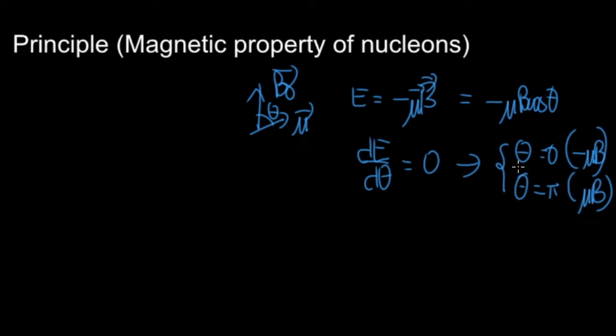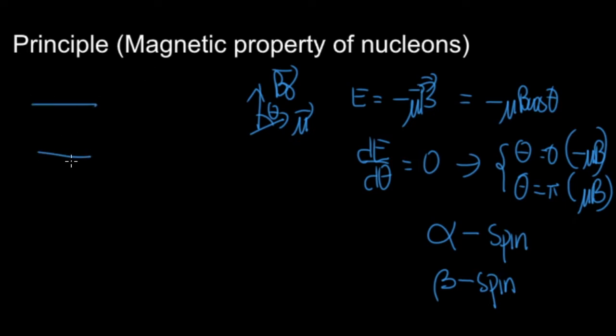So we can see that the parallel orientation corresponds to the lower energy, which is known as the alpha spin state. And the antiparallel position corresponds to the higher energy, known as the beta spin state. So let's see the case of one proton and the applied magnetic field B0 like this.